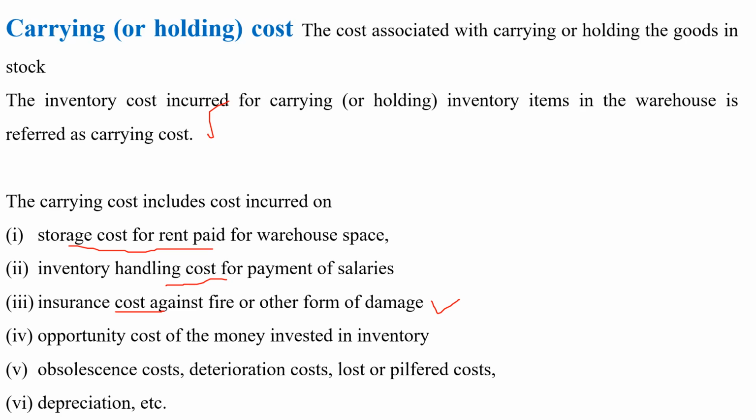Fourth, opportunity cost of the money invested in inventory. And fifth one is the obsolescence cost or deterioration cost, loss or pilferage cost, depreciation, etc. These are all included in the carrying cost.